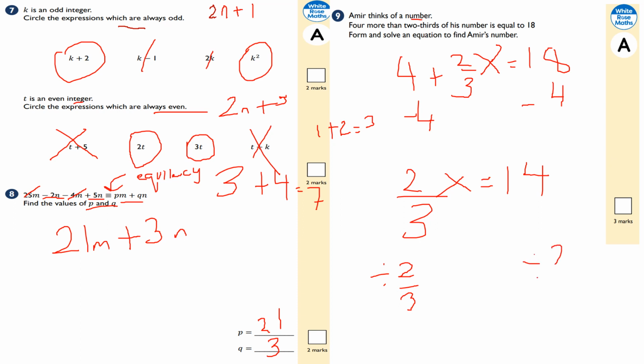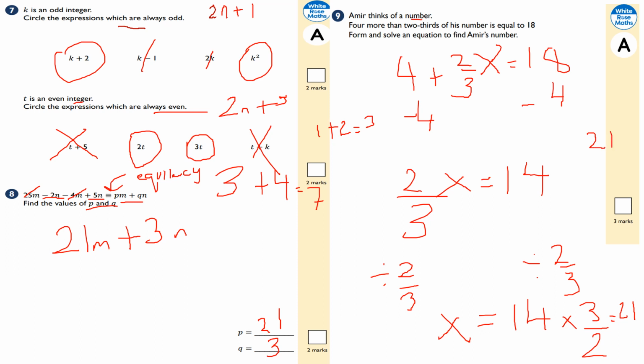So dividing by 2/3 in maths is the same as multiplying by 3/2. You multiply by the reciprocal, so you flip the fraction upside down. 14 times 3 is going to be 42. 42 divided by 2 is going to be 21. So Amir was thinking of the number 21.